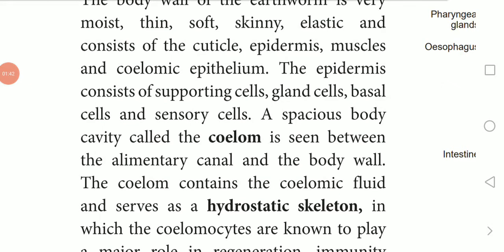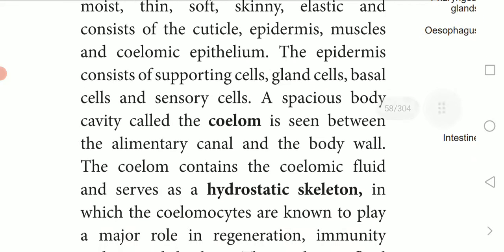The epidermis consists of supporting cells. The epidermis layer is the layer present in the skin. That layer consists of supporting cells, gland cells, basal cells, and sensory cells.